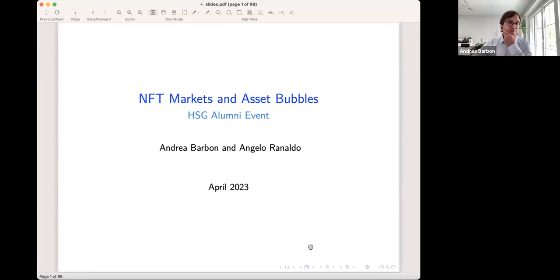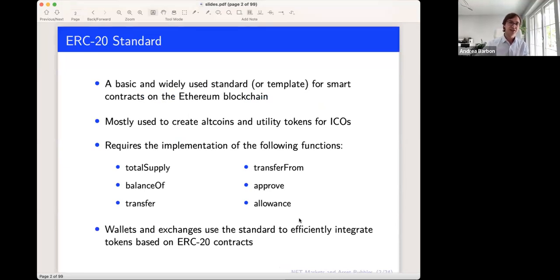Okay, so now let's quickly dive into some technicalities, and then we will move to the more interesting stuff. Let me advance with these slides, and let me tell you about the ERC20 standard. This is a smart contract standard or template, if you want, that allows people to create tokens, so fungible tokens, on the Ethereum blockchain or any other blockchain supporting smart contracts.